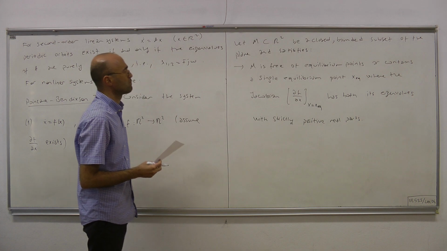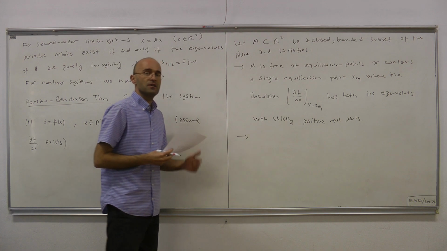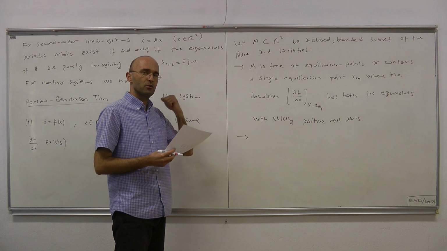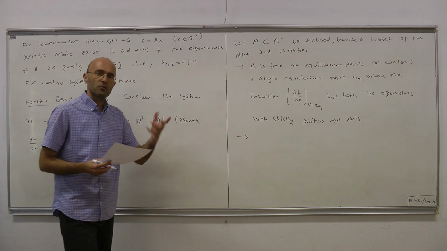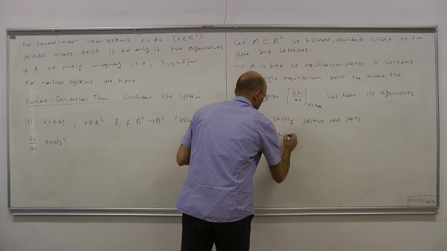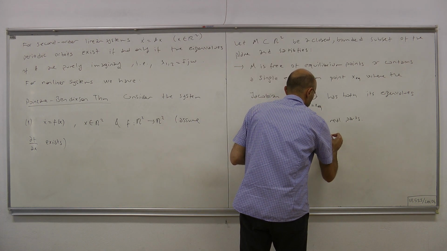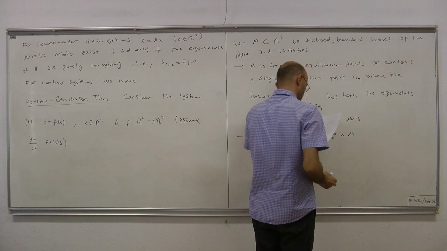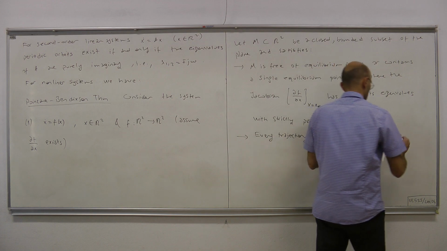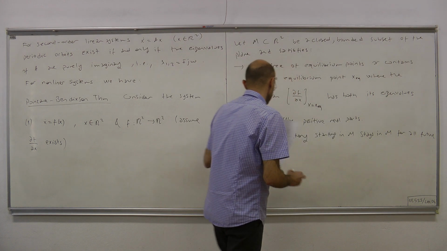Okay. So that's one condition, and the second condition is that N is forward invariant with respect to the system x dot equals f of x. Now, what do we mean by forward invariant? We mean the following: every trajectory starting in N stays in N for all future time.